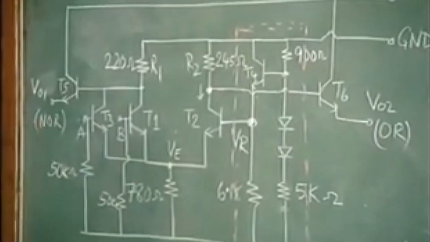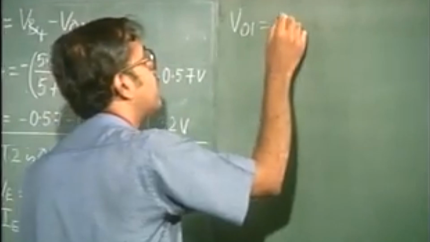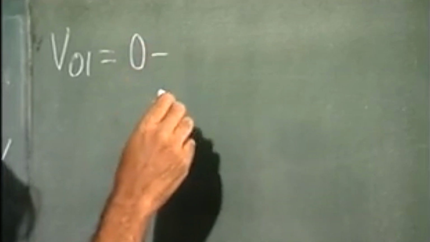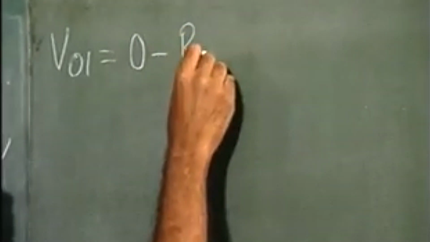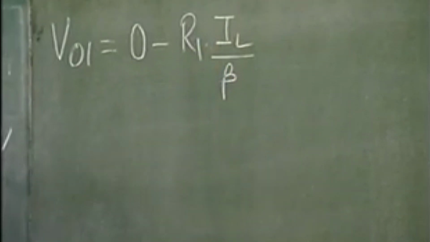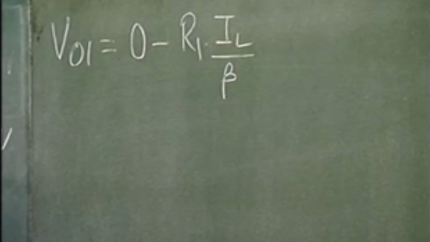So basically it is going to be 0 minus R1 times the load current divided by beta. So that depends on the load current.